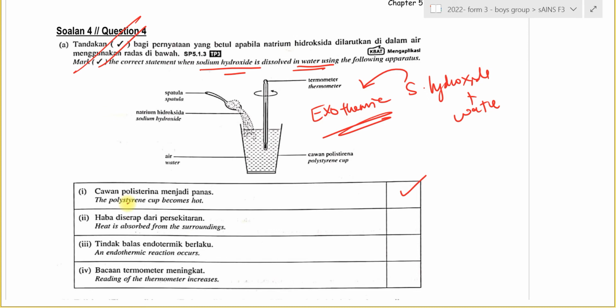False. Heat should be released into the surrounding. So wrong this one. Next, an endothermic reaction occurs. False. This is an exothermic. Next, reading of the thermometer increases. Correct. Reading of thermometer increase. That means heat is released.